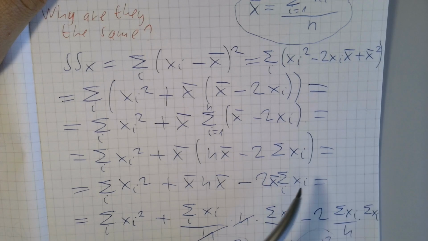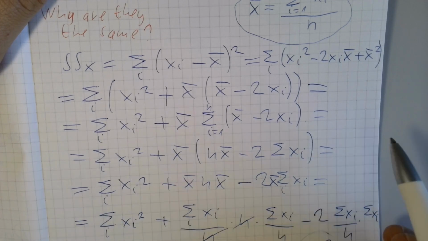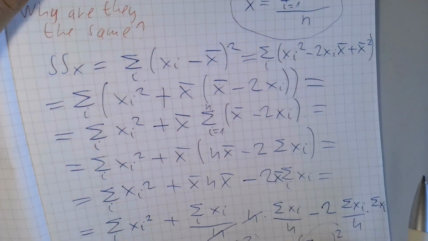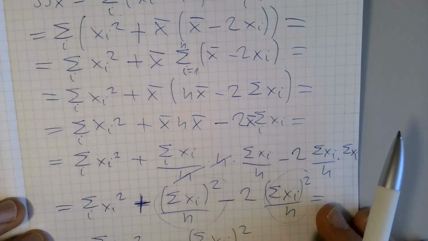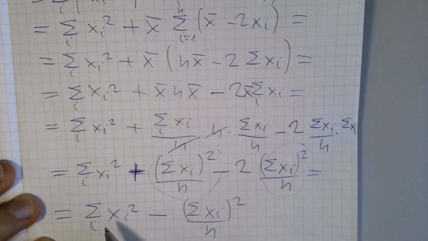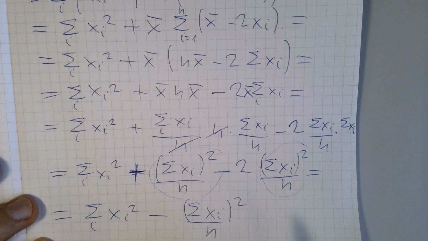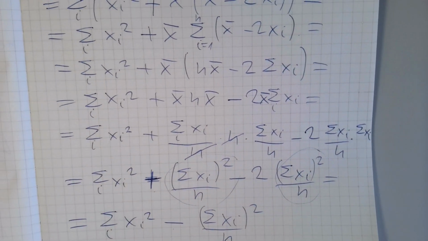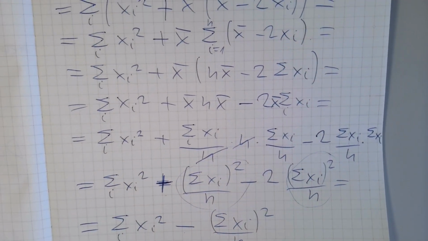And we get to this point where we use the definition of the mean. And once we have the definition of the mean, we just simplify and actually get the computation formula. And that's the proof that they are indeed the same.